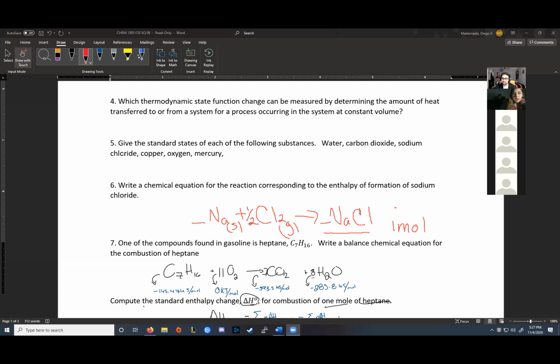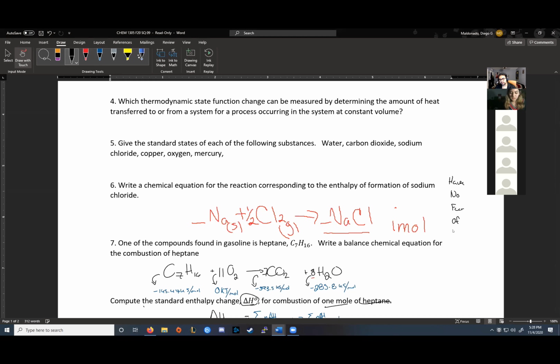Wait, I have a quick question. With the halogens, do they have a 2 as well? Do you mean if most halogens are diatomic? Yeah. So the best way to remember if something's diatomic or not is by remembering this little mnemonic device: Have No Fear of Ice Cold Beer.